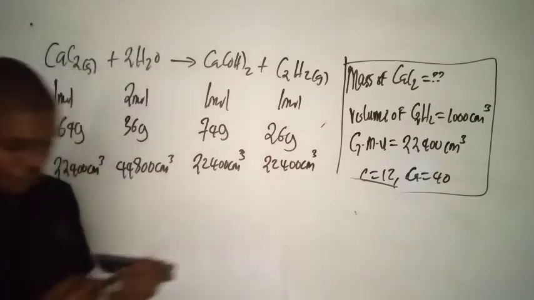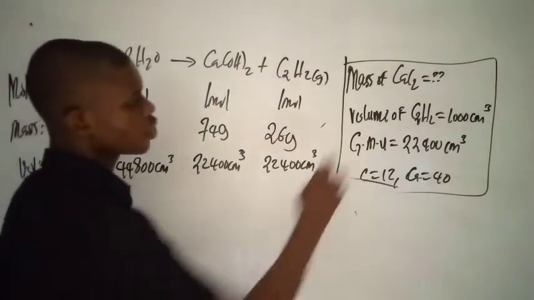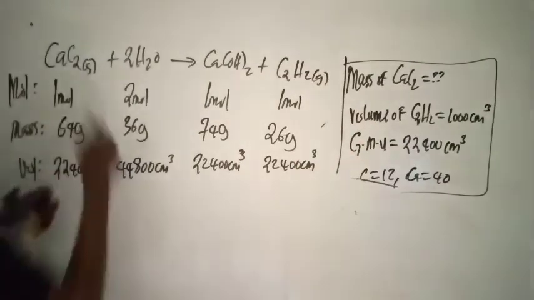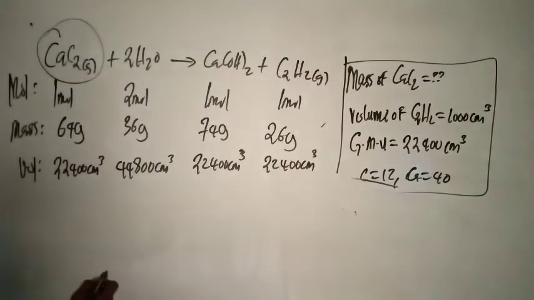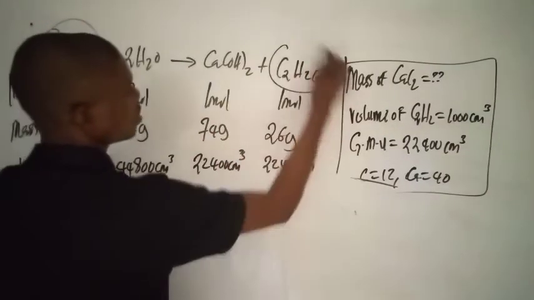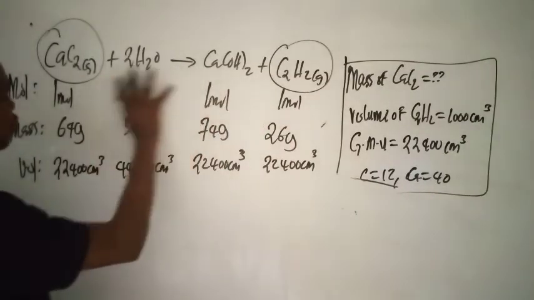Now, but for exam purpose, what I have to do is focus on these 2 things you are being asked, right? So you are going to focus on calcium carbide and acetylene gas. There's no point in doing all this one.